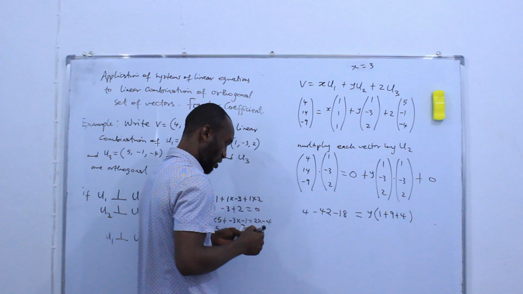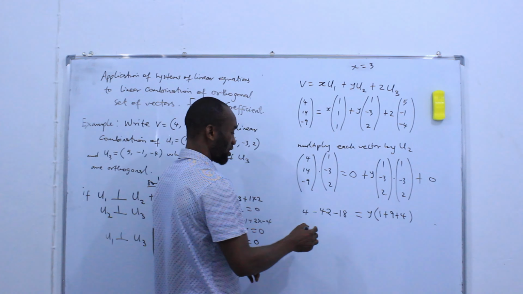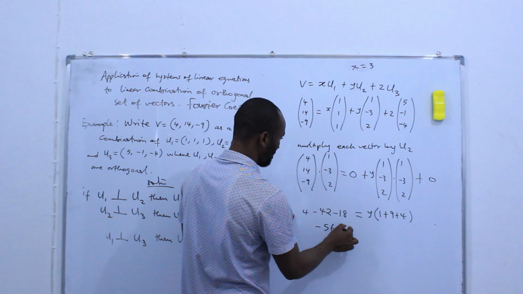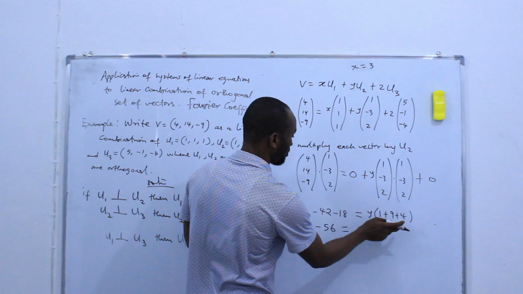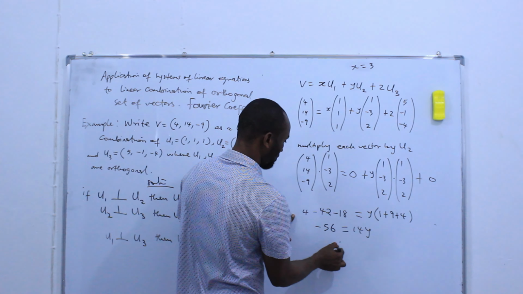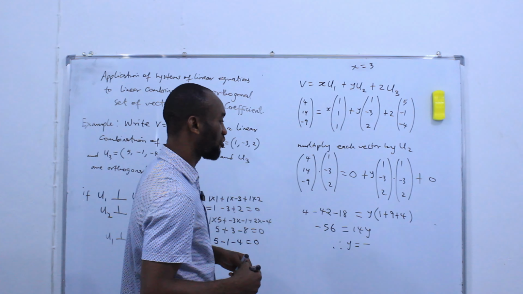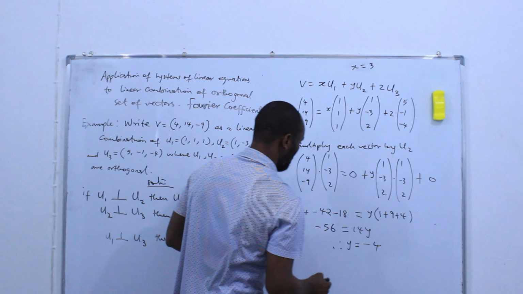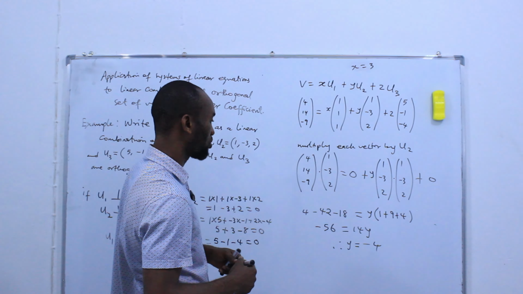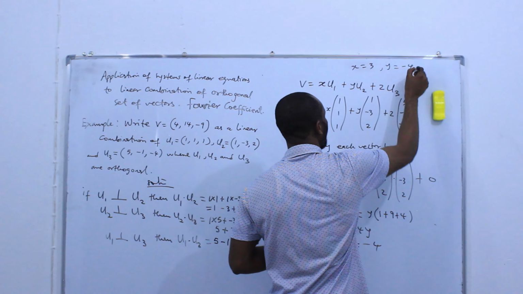This will give us minus 56 equals 14y. So that y is equal to minus 56 divided by 14, which is minus 4. So our y is equal to minus 4.